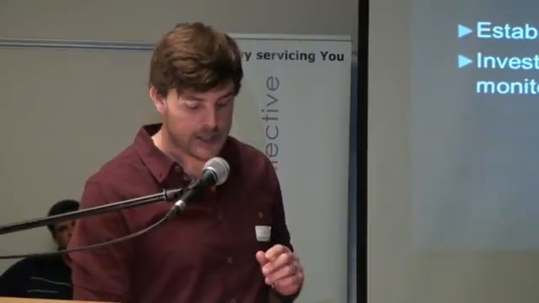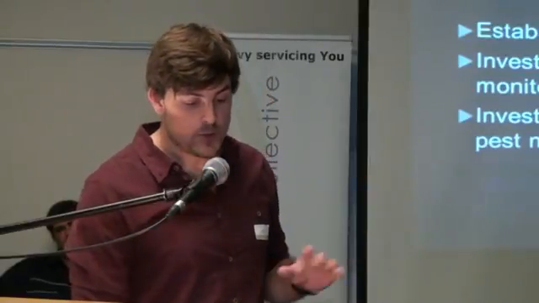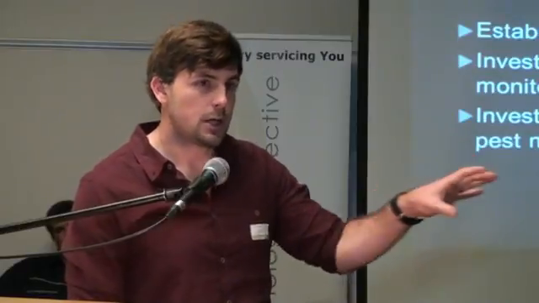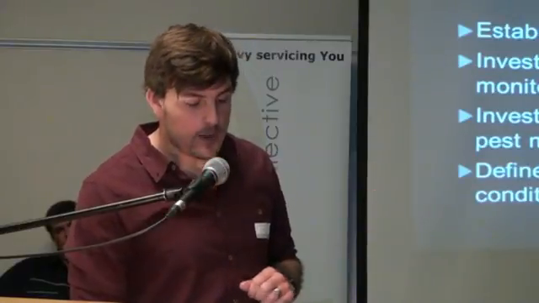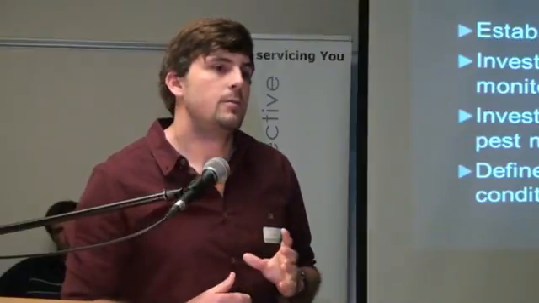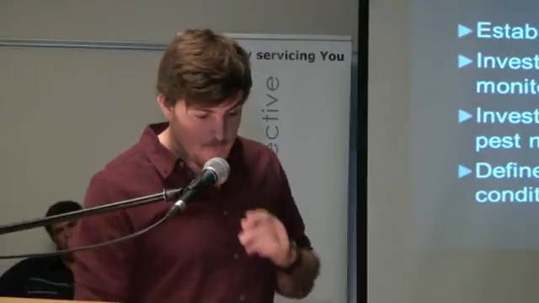Then investigate the spatial patterns in the historic pest monitoring data, investigate the spatial relationships between the historic pest monitoring data and the attribute data, which is the biotic and abiotic factors, and then define spatial parameters under South African conditions to be used in future development of insect pest risk maps.